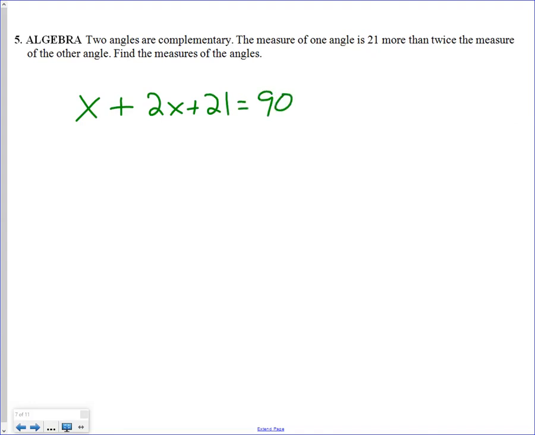And they sum to 90. So 3x plus 21 is 90. 3x is 69. And x is 23.